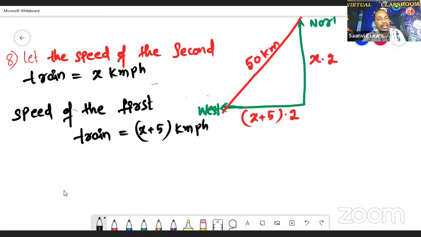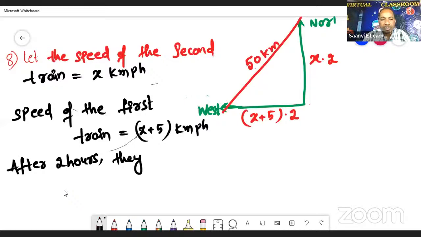Because the speed of the first train is 5 kilometers faster than the second train. Next, after 2 hours, they are 50 kilometers apart.